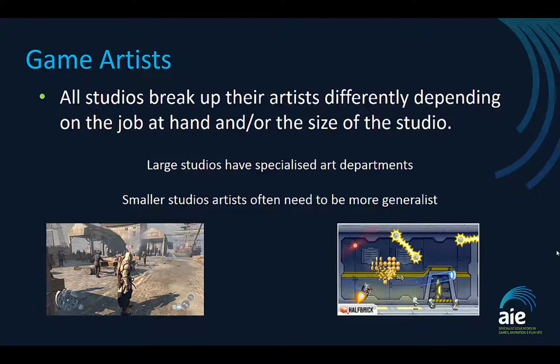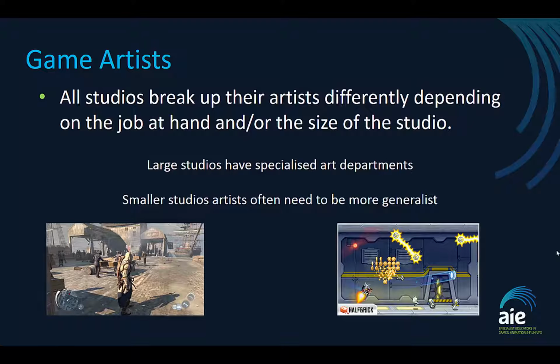So that was only made with a handful of people, which was a small team. So the character artist would have worked on modeling the character, rigging the character, and animating the character maybe. So unlike Assassin's Creed, where all these departments would have been separated quite a lot.